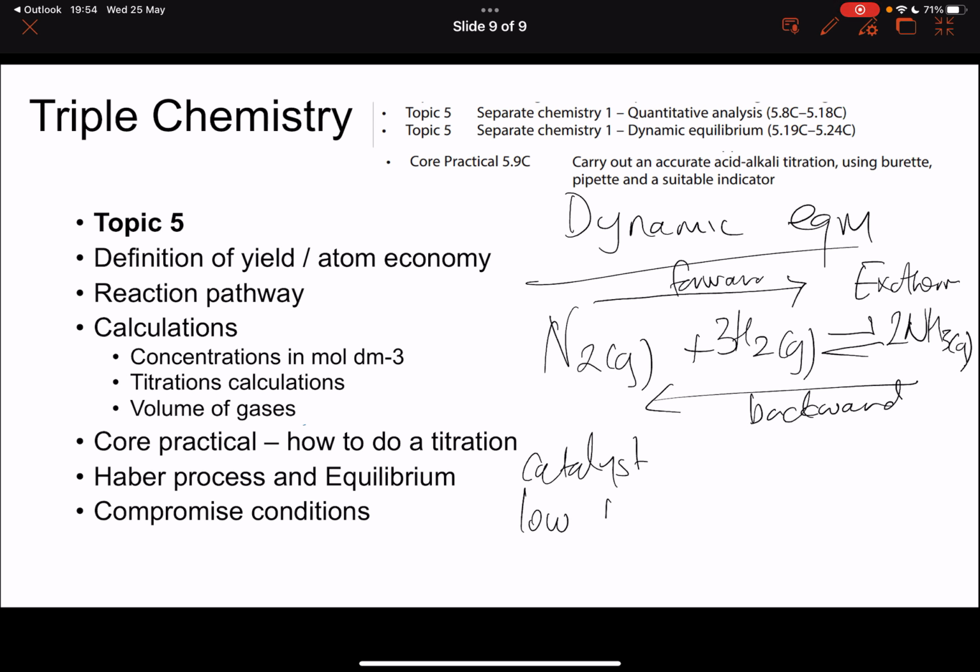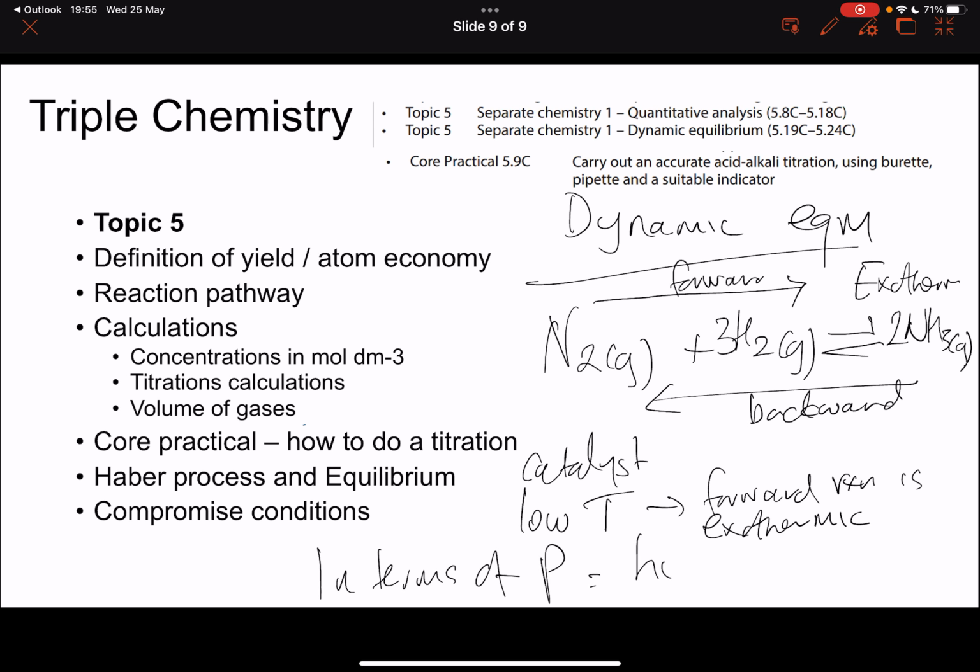We need low temperature because the forward reaction is exothermic. So you will say low temperature moves the equilibrium in the forward direction because it's exothermic, and the yield of ammonia will increase.